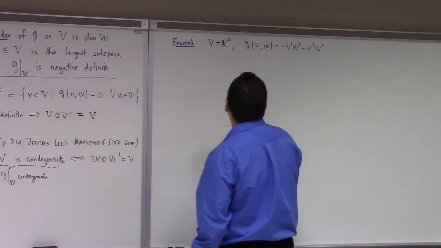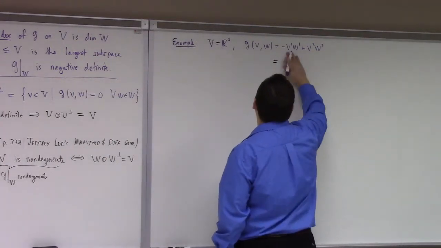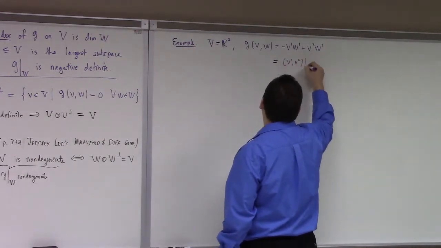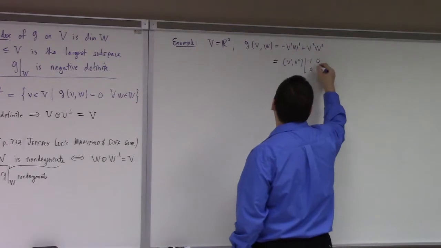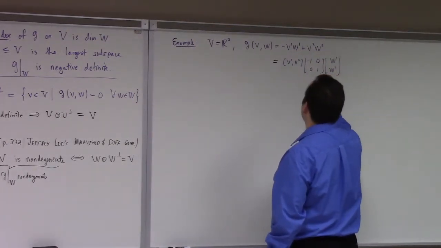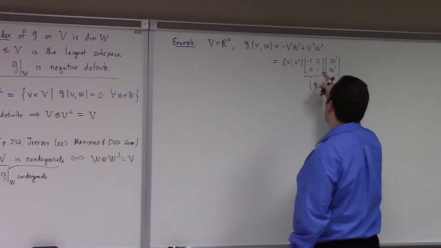In other words, you could rewrite this as v1, v2 times the matrix with minus 1, 1 on the diagonal and zeros elsewhere, times w1, w2. This is the matrix of G.